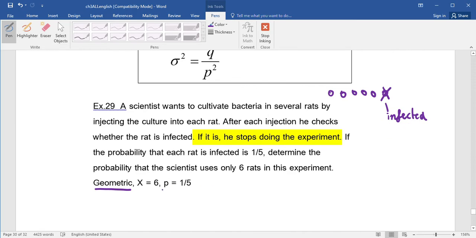So it's a geometric experiment where X equals the total number of experiments done to get the first success, to get the first rat that is infected. X equals 6. The probability of success is 1 in 5. P is 1/5.